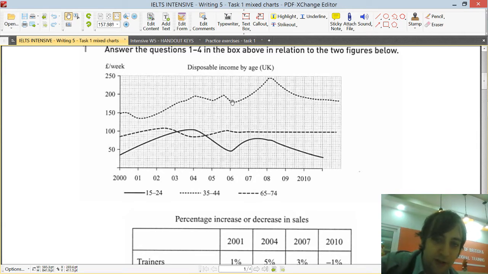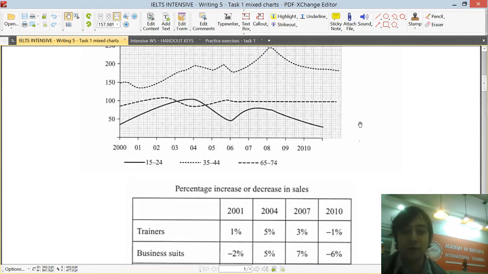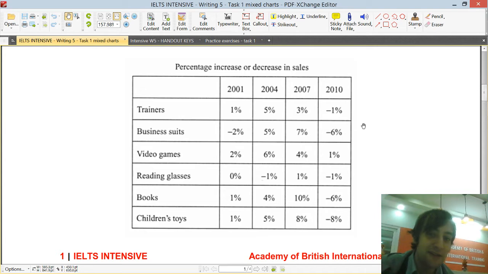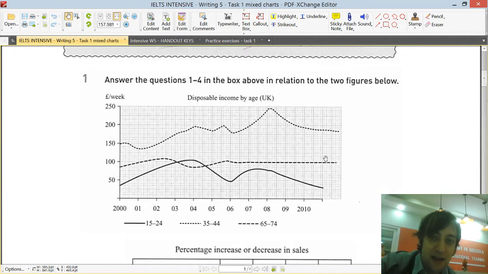The important figure here really is in 2008, where they have a £250 a week disposable income, which is by far the most disposable income any of the age groups have during this period. If we have a look at 2008, what do we see the biggest increase in sales in? Business suits and books, okay, which are more likely to be purchased by this age group.